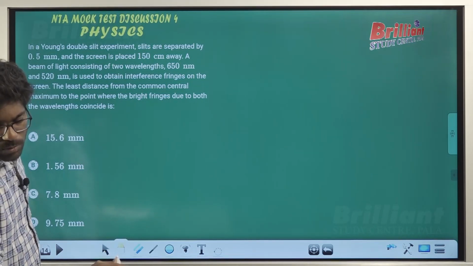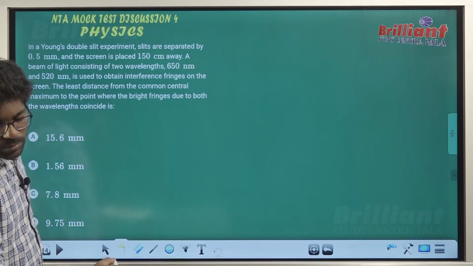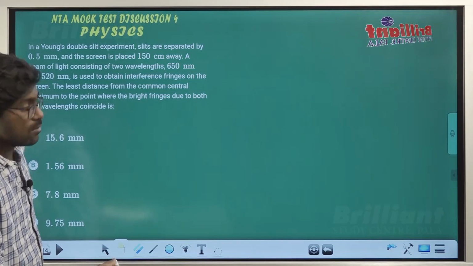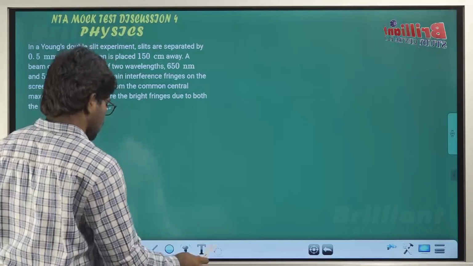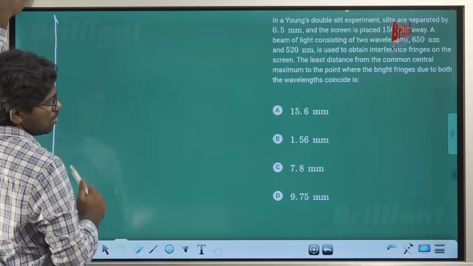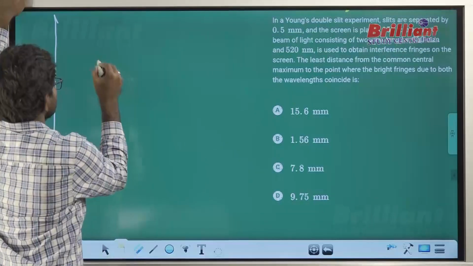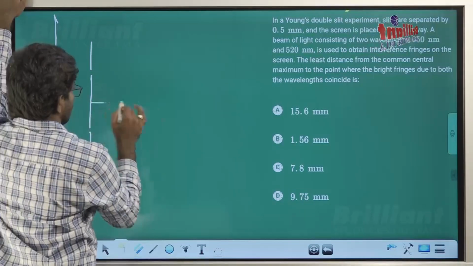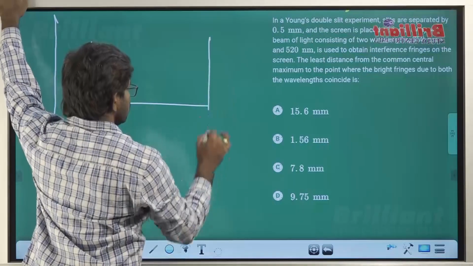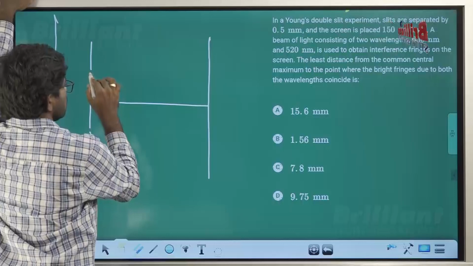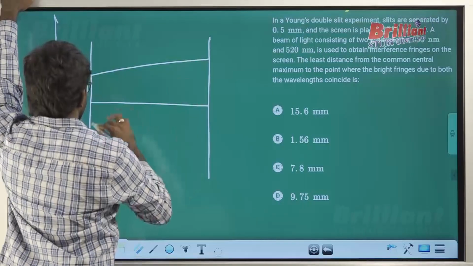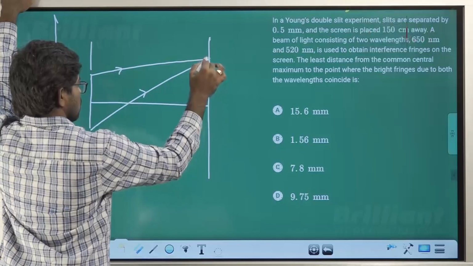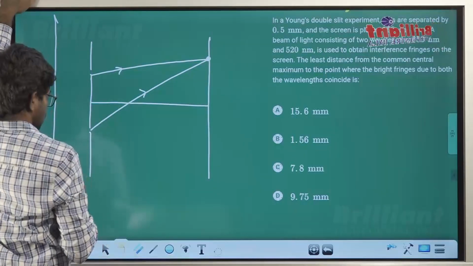So the least distance from the common central maxima to the point where the bright fringes due to both the wavelengths coincide. Where they coincide here? I'm leaving this space. Look here. The bright, somewhere the brightness is occurring here.